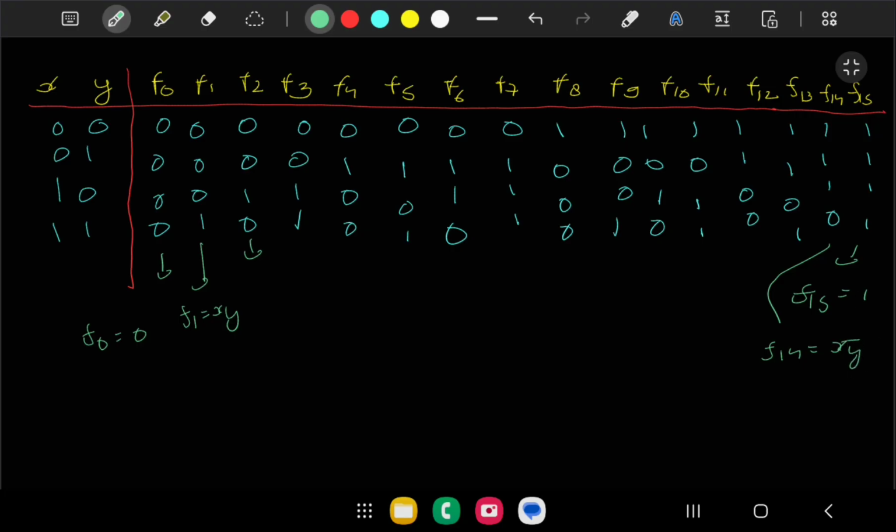Now for F5, you can see 0101, which is same as Y. Now F6, this is the exclusive OR. What is F3? That is same as X, 0011, like this. So like this you can write many functions.